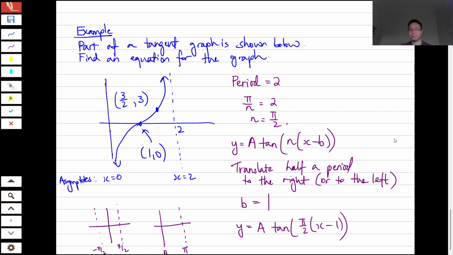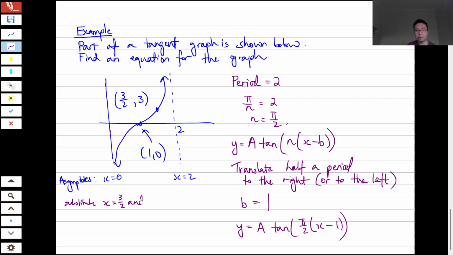I'll write it out for you, just because I think it's going to be easier to follow. Okay, so substitute x equals 3 on 2 and y equals 3 to find capital A.